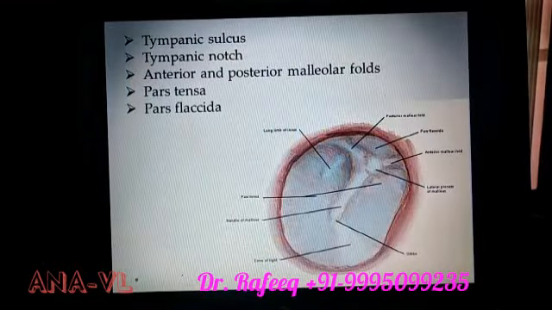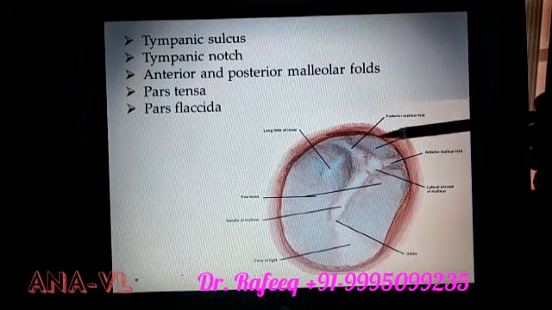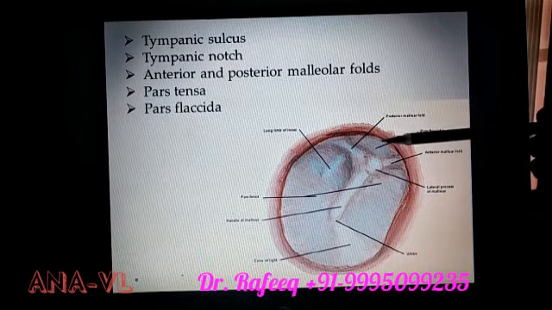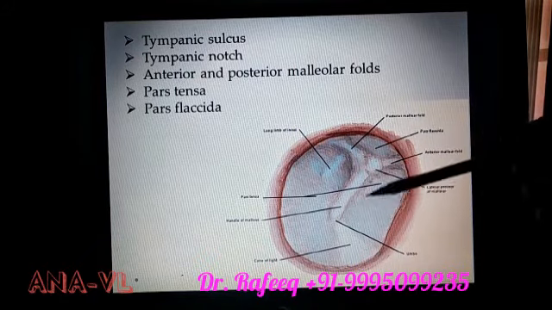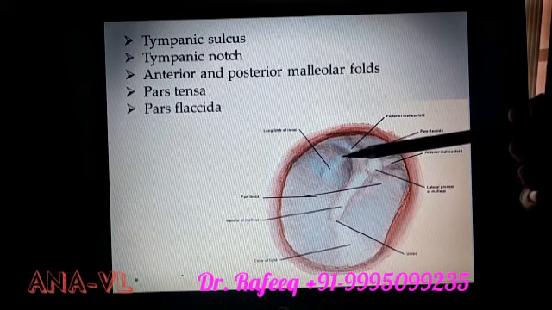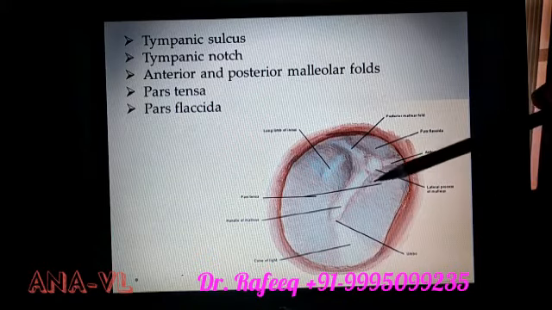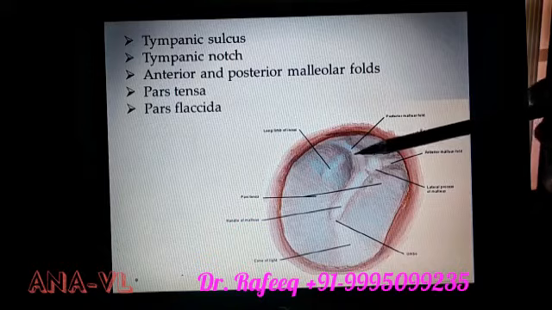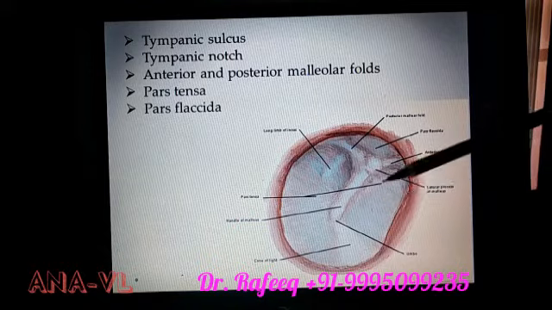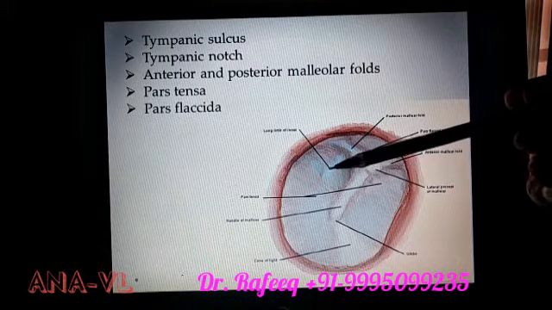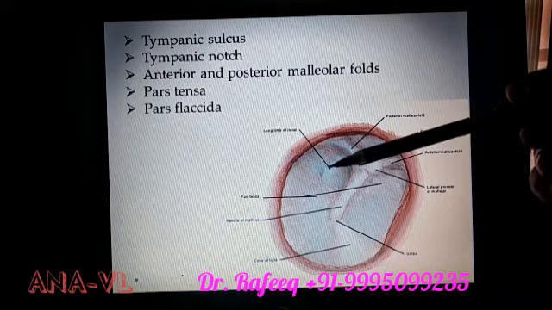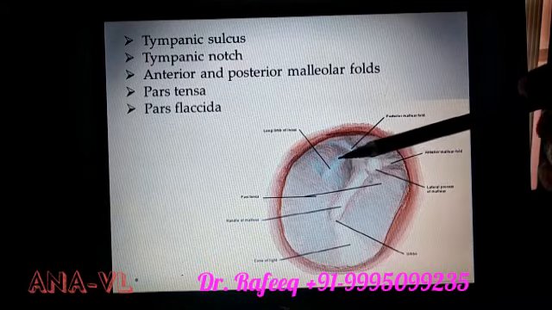And remember, the pars flaccida has a tendency to get ruptured easily when compared to the pars tensa. The major part of the tympanic membrane, other than the pars flaccida, is comparatively tensed or stretched. This particular part forms the pars tensa. So there are two parts, pars tensa and pars flaccida.